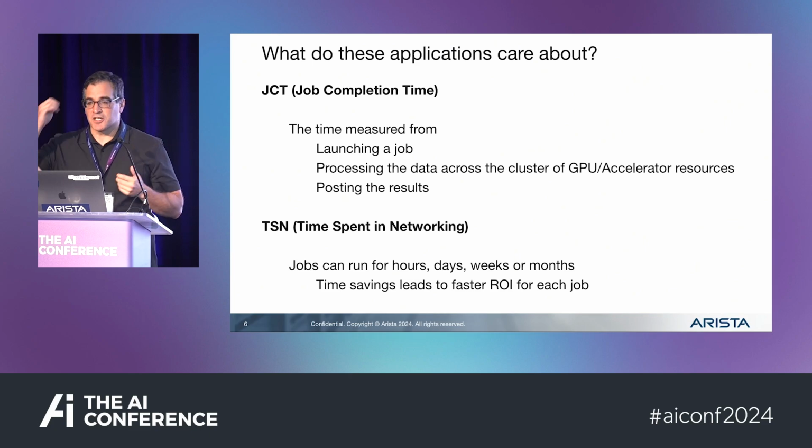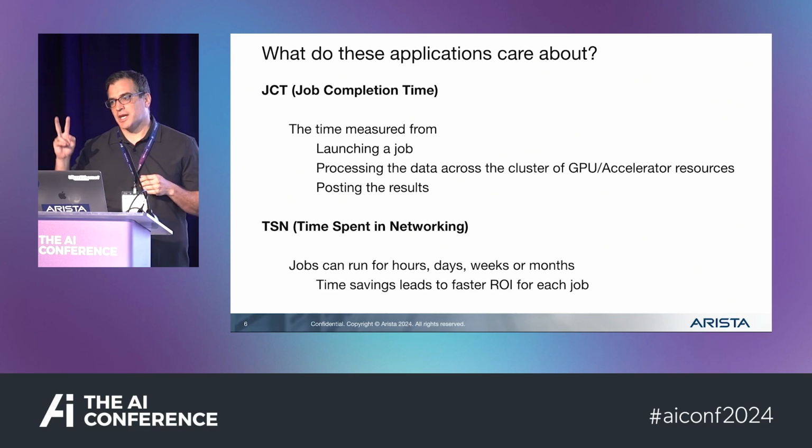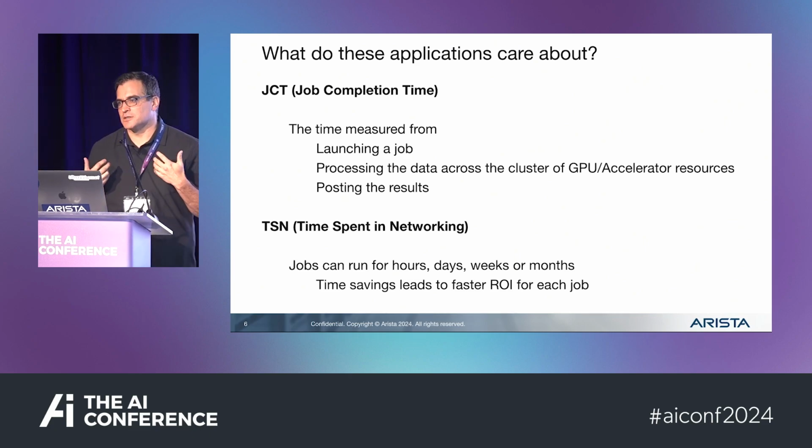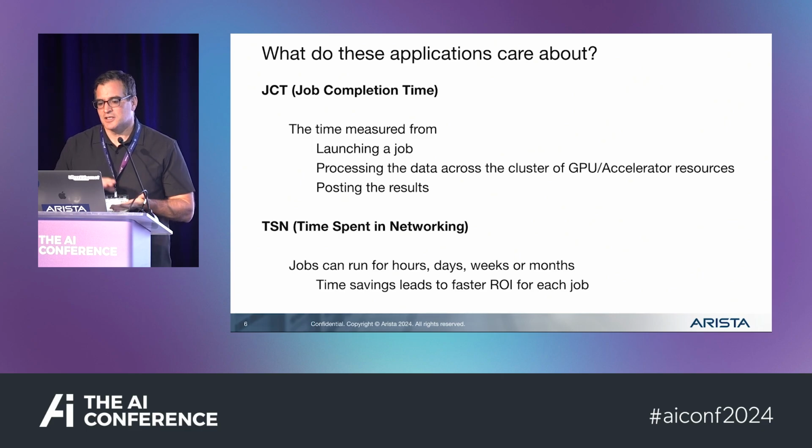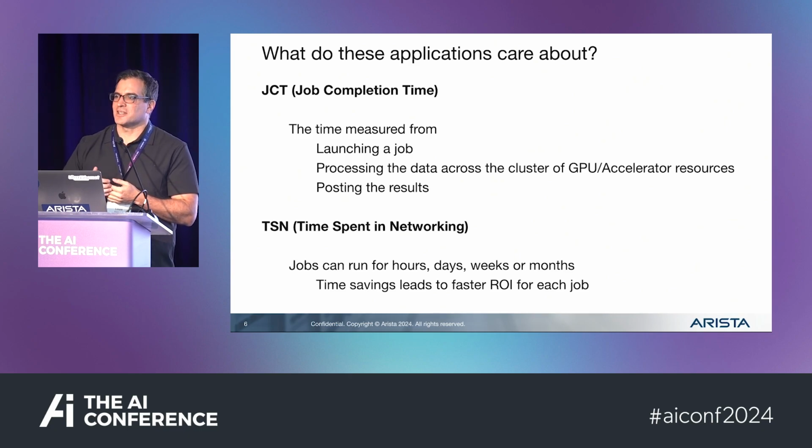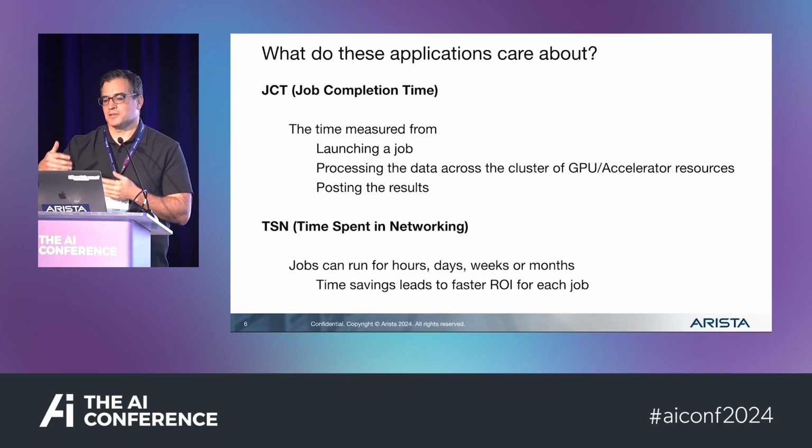But what do these applications actually care about? There's two main metrics that we talk about in the networking space, JCT and TCN. JCT is job completion time. This is from the time, let's say a training job is launched until that job is completed.